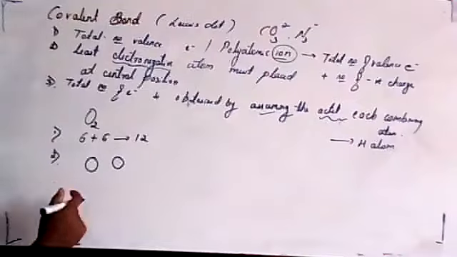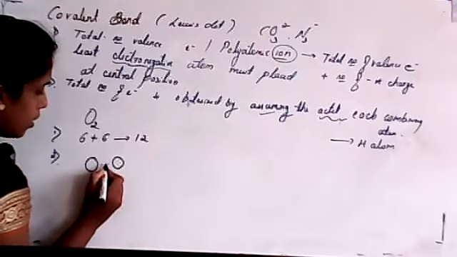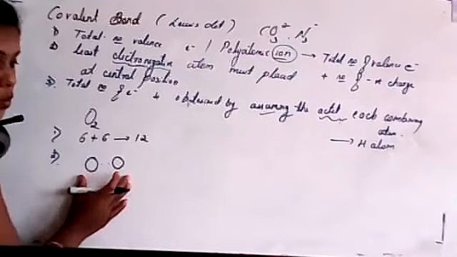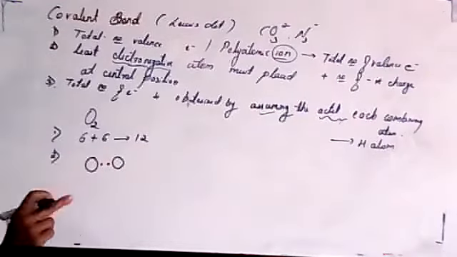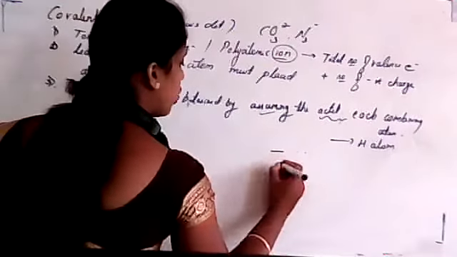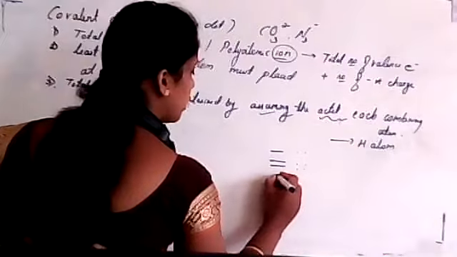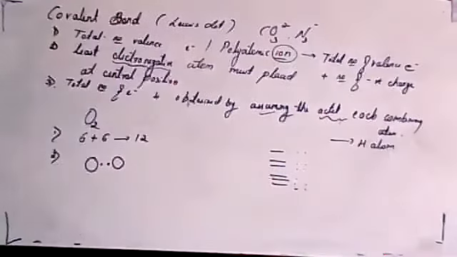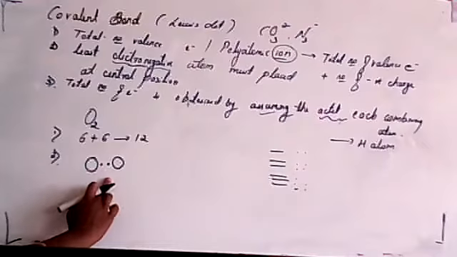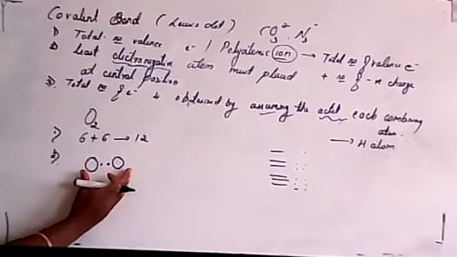So now there must be at least one bond between those oxygens, isn't it? There must be at least one single bond. Single bond, 2 electrons, double bond, total 4 electrons, triple bond, total 6 electrons, isn't it? So it must have at least 2 electrons for the bonding purpose.